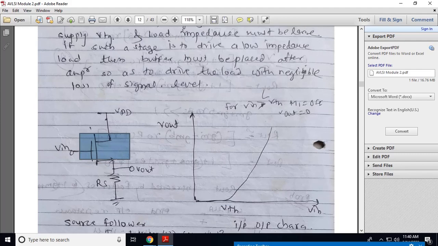Electrons move from source to drain, so current will flow through this Rs and Vout will follow the input. See this graph, the output voltage follows the input. So this is the source follower, unity gain, the gain is 1, a voltage buffer circuit.